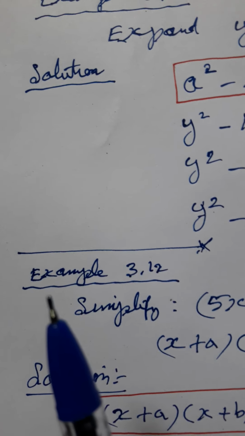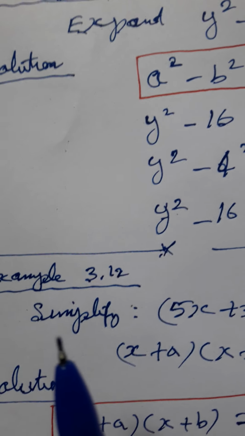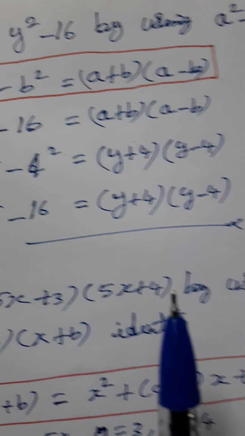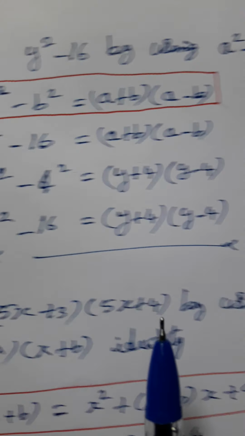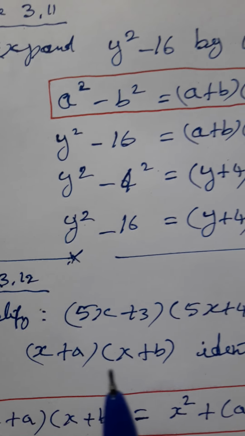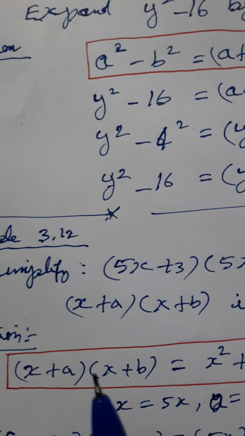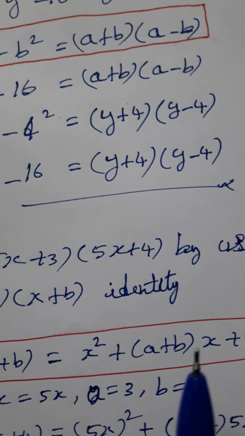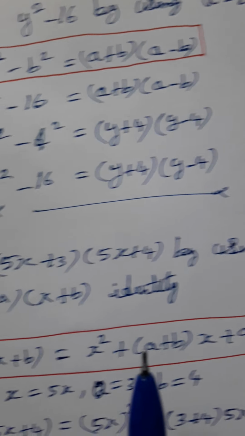So finally, example 3.12. Simplify (5x + 3)(5x + 4) by using the (x + a)(x + b) identity. So the formula is (x + a)(x + b) = x² + (a + b)x + ab.